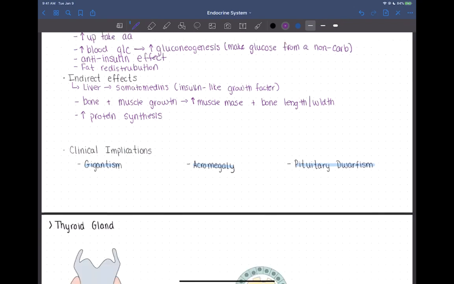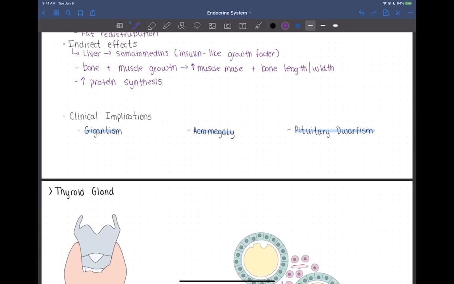The first effect we're going to talk about is gigantism. This would be somebody who is generally about 8 feet tall, maybe taller. So they're very large. Their bones have grown a lot in length.